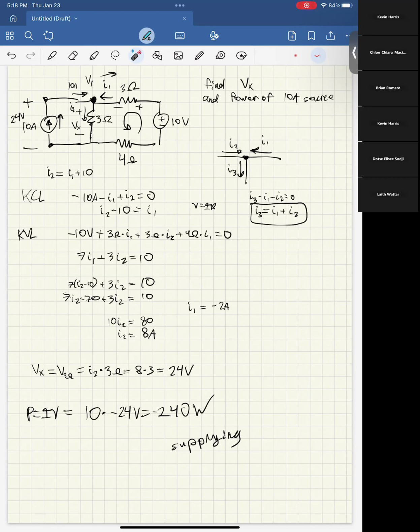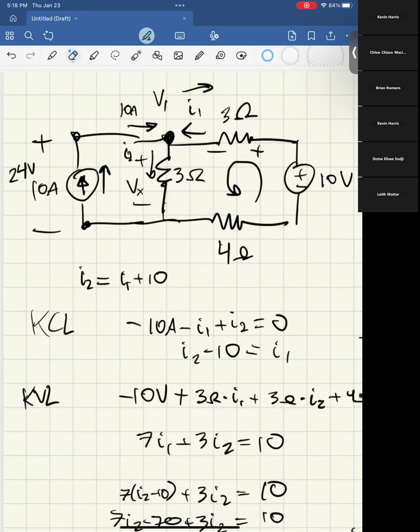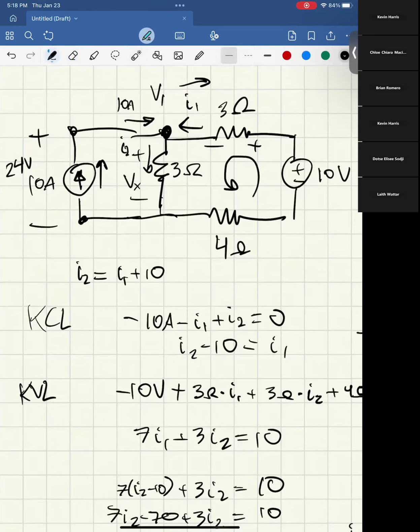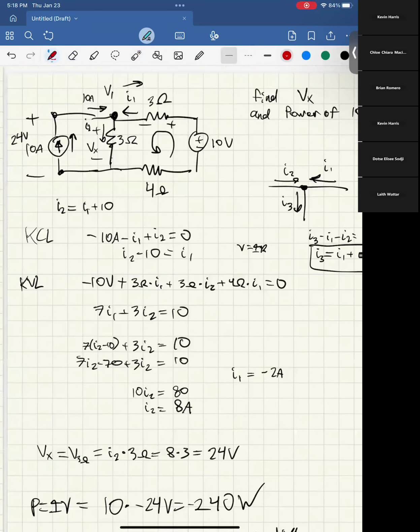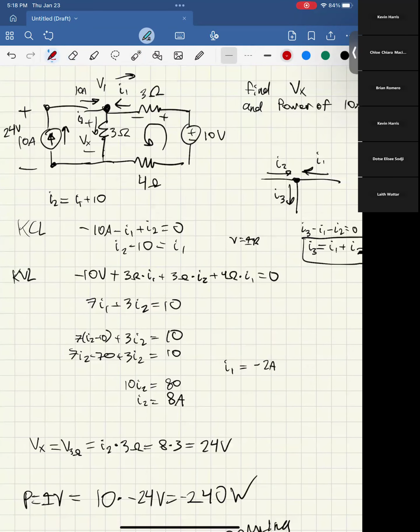Someone asked, why is the power negative? Let me go over this again. This is kind of busy now, but let me switch colors. Remember, from the first part of the question, we found that Vx is 24 volts. Vx is the voltage across this resistor. So between this end of the resistor and this end of the resistor, there is a voltage drop of 24 volts.